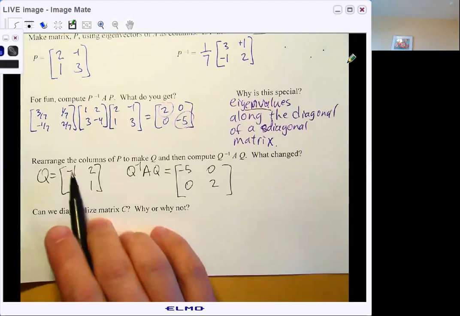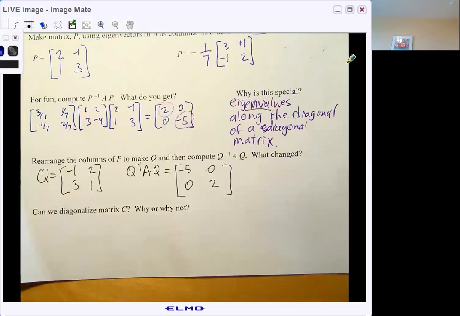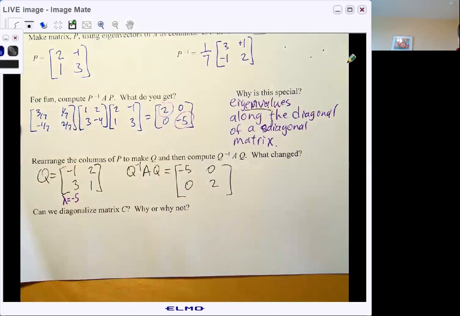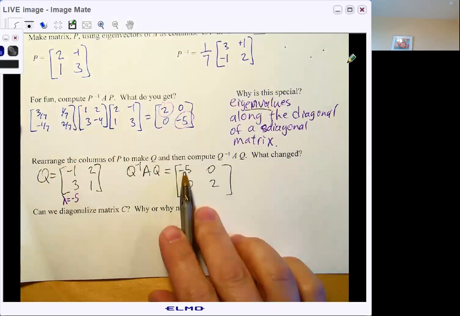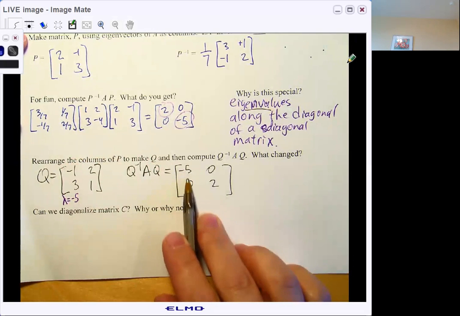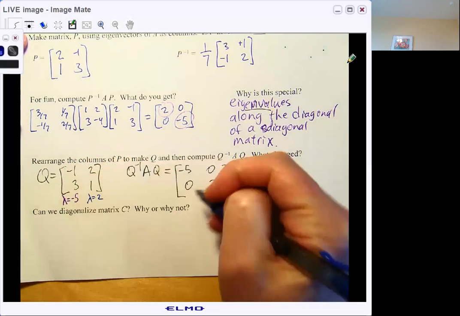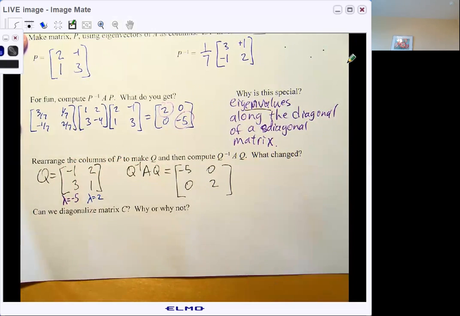Whichever eigenvector we place in a column of the matrix, its eigenvalue will occur in the corresponding column of the diagonal matrix. You'll see that here.